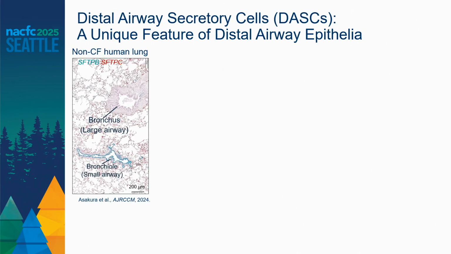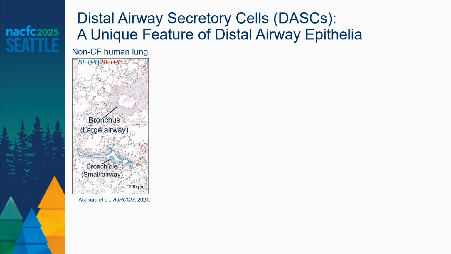Also, small airways are covered with specific secretory cell types recently detected by single-cell RNA sequencing. This is normal human lung tissue, and these cell types are characterized by the expression of secretoglobin 3A2, SCGB3A2, and SFTPB.